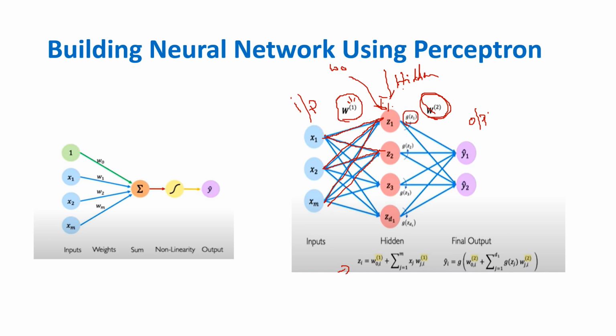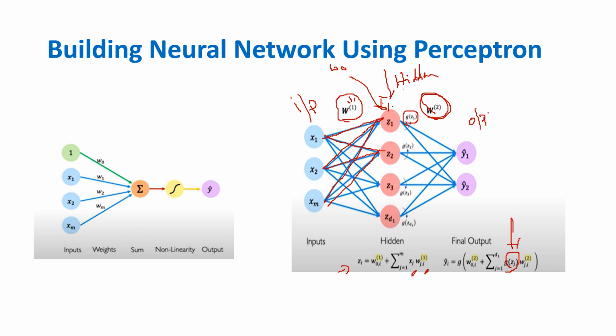When that is going to the output layer, what we see here is that, for instance, G of Z1 will be multiplied by its weight, like we multiplied X1 with its weight.